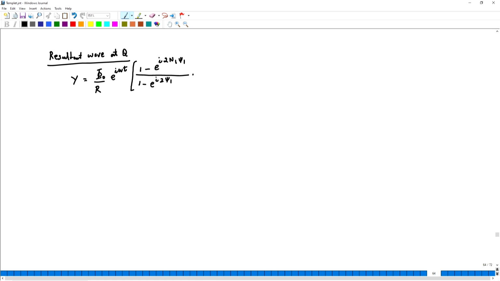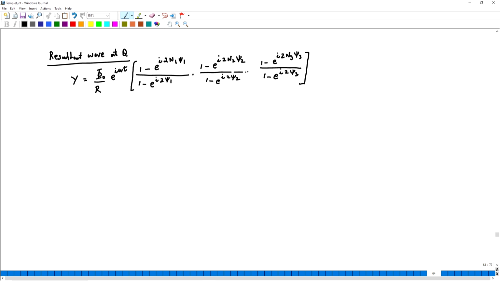This is the first summation. The second summation similarly would be 1 minus e to power i n2 psi 2 divided by 1 minus e to power i 2 psi 2, multiplying by the third term 1 minus e to power i n3 psi 3 divided by 1 minus e to power i 2 psi 3.